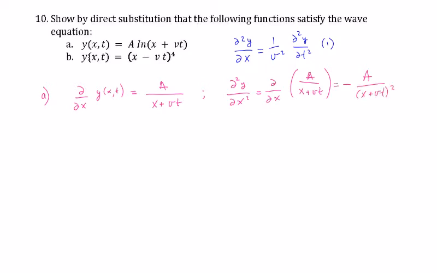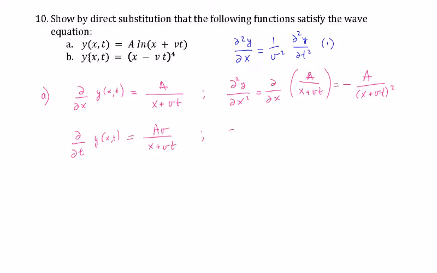Now let's take the derivative by t. Partial derivative by t, d dt of y(x,t) equals negative a v over (x plus vt) squared.